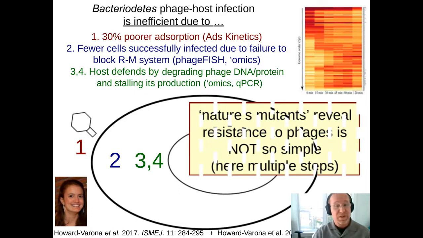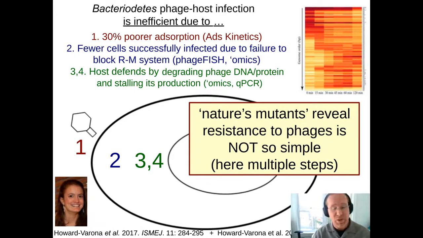So this is really different than the abrupt single mutant change. This suggests that what I call nature's mutants, identical 16S sequences, cells isolated from the same water column but have slowly drifted. Nature's mutants reveal resistance to phages is not simple. Here, there's at least 4 ways that this cell is being inefficiently infected.